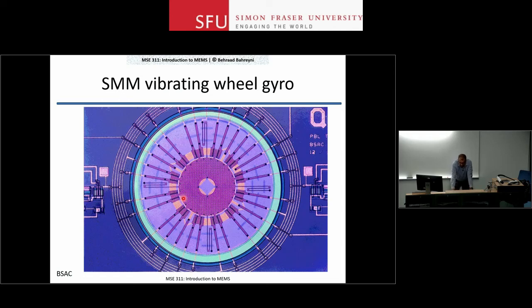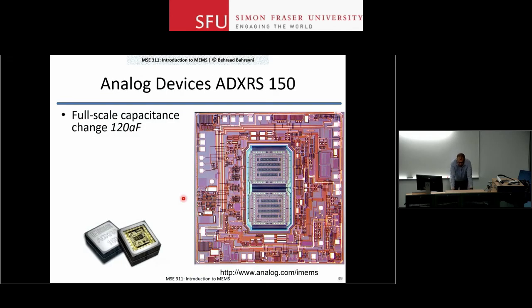Now, going back to our CVGs, let's just look at some numbers to put things into perspective. The ADXRS150 is a relatively old device, at least 10 years old. But look at the numbers that we have in terms of performance. The full-scale capacitance change for this device is 120 attofarads.